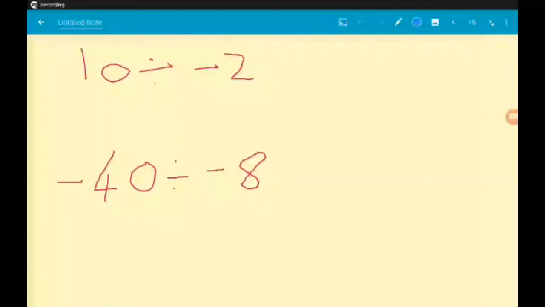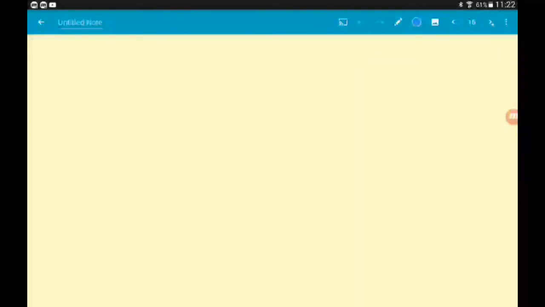Okay, a couple of divisions. So first of all, 10 divided by minus 2 is a positive divided by a negative. So it's going to give us a negative 5. And then minus 40 divided by minus 8 is a negative divided by a negative. That's going to give us positive 5. You might also be given these in fraction form, because remember, fractions are divisions.